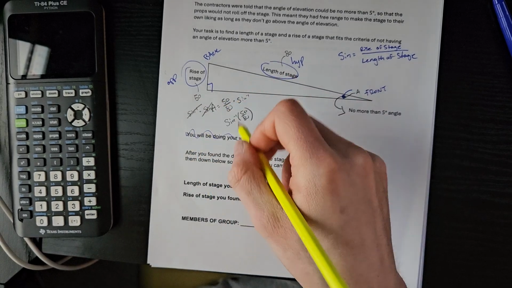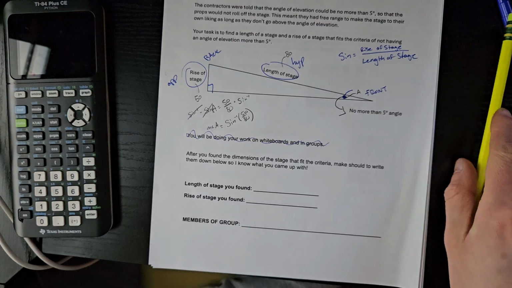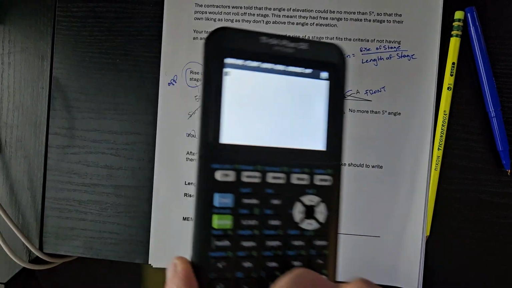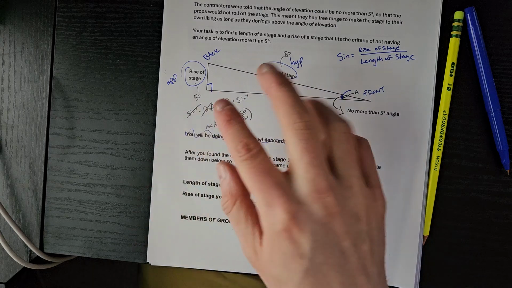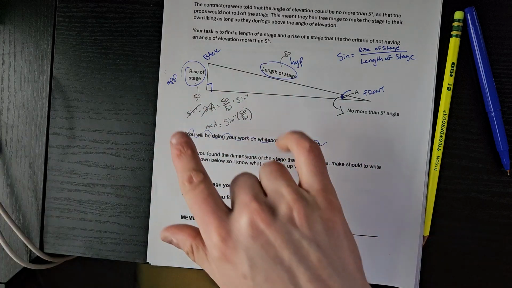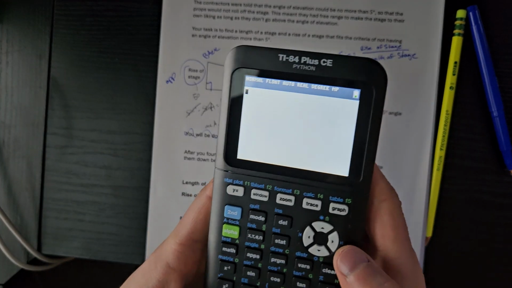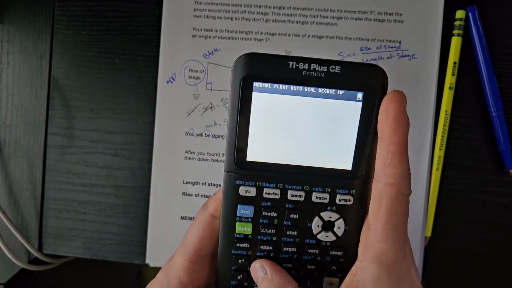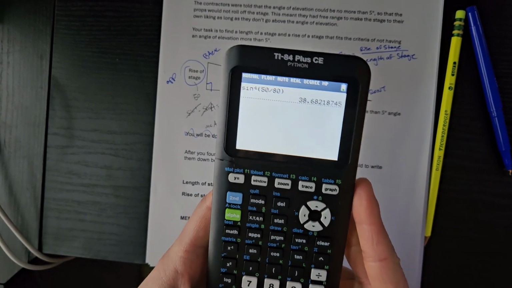These sines cancel out. So now I'm trying to find the angle measure of A. And now I can plug in what I'm working with right now, which are just two numbers that I pulled up. I said 50 for the rise, 80 for the length. Let's work with those measurements and see what angle I get. So let's do the inverse sine of 50 over 80 and see what we get.